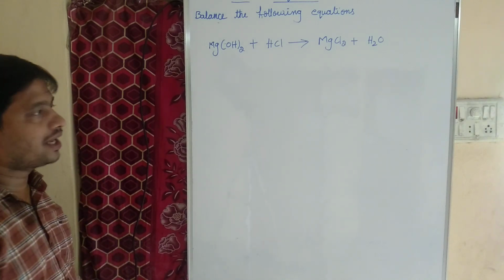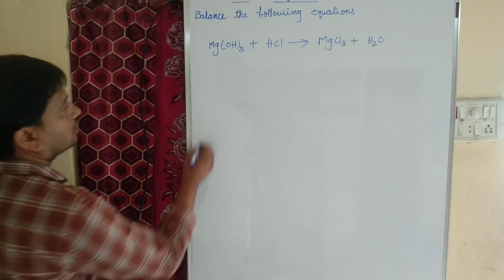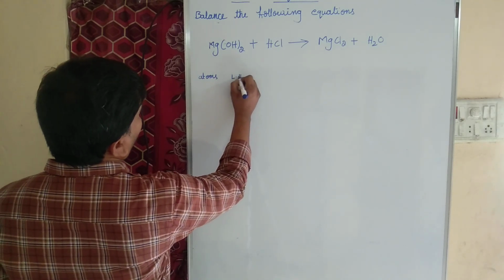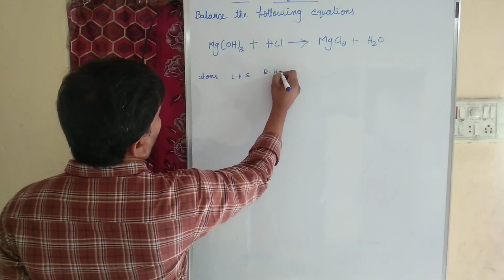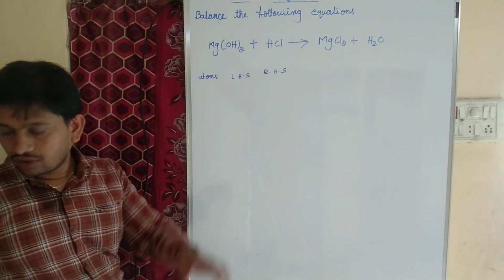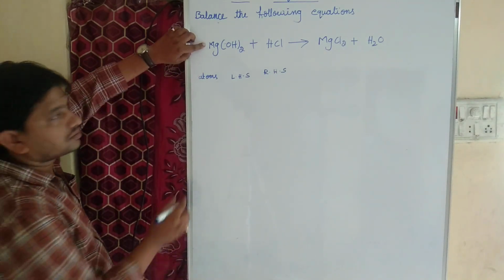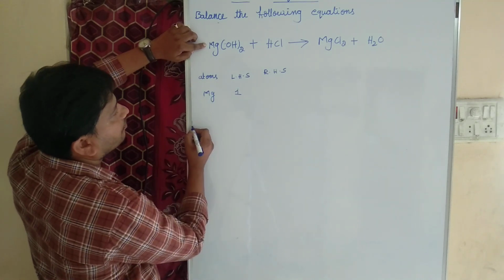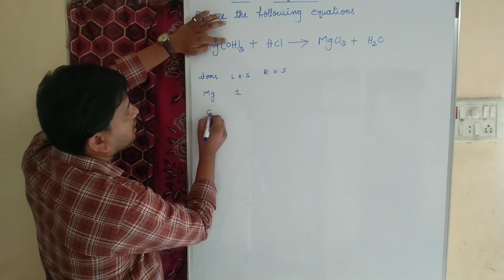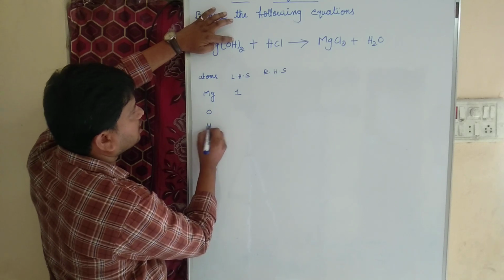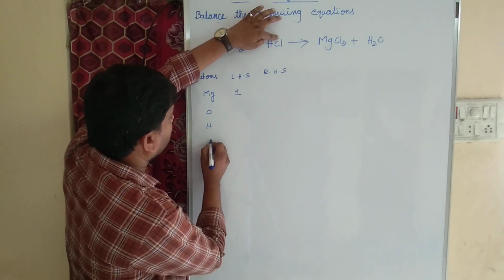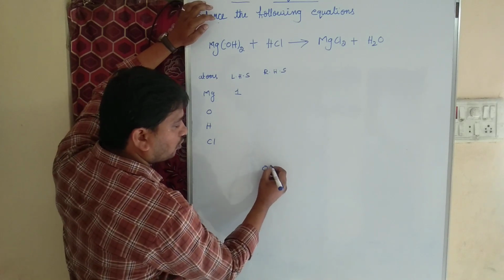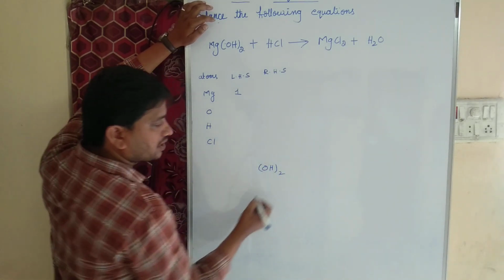Okay, let us see what are the atoms. Let us write atoms on both LHS as well as on RHS. We have 1 atom of magnesium, and then we have oxygen, hydrogen, and chlorine. See children, what is the meaning of OH taken twice?